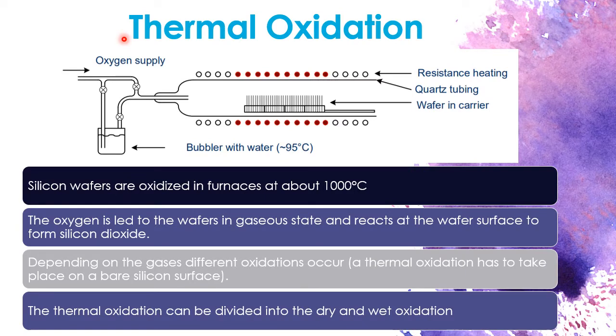Thermal oxidation is one of the processes to perform oxidation on a silicon wafer. Usually, the silicon wafer will be oxidized in a furnace at a temperature around 1000 degrees Celsius. The furnace consists of quartz tubing here, and the wafer will be placed in the carrier here.